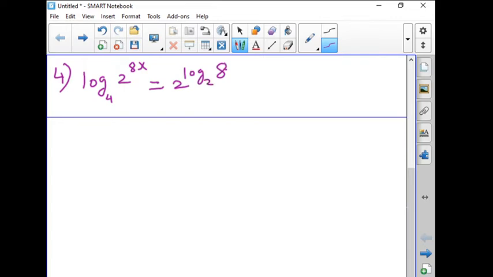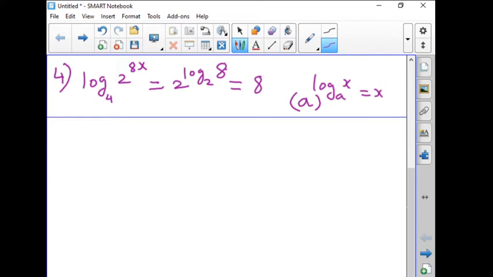Okay, so we know that a power log x to the base a is equal to x. So here we have the same, 2 power log 8 to the base 2. So what is it equal to? It is equal to 8.